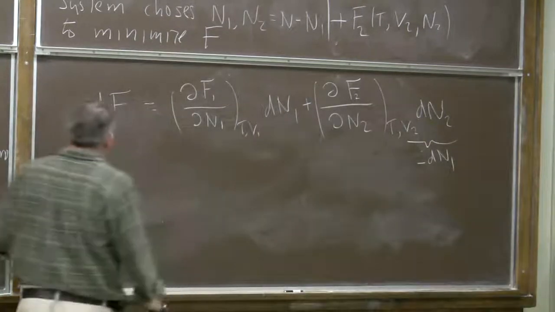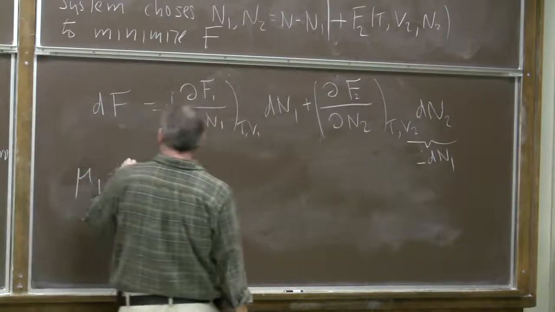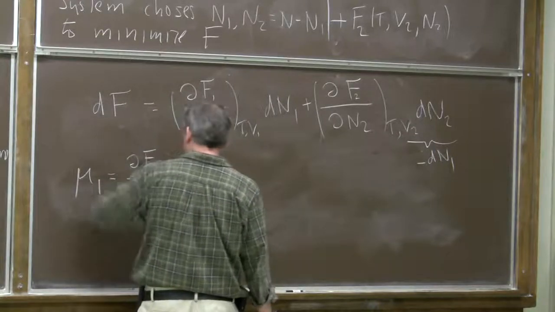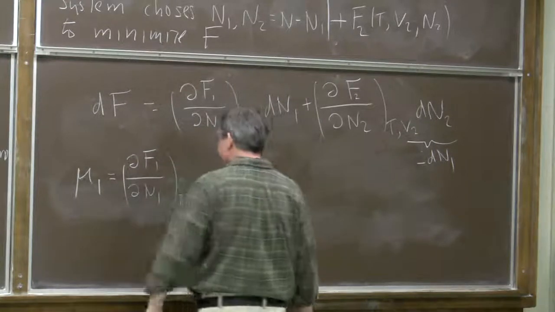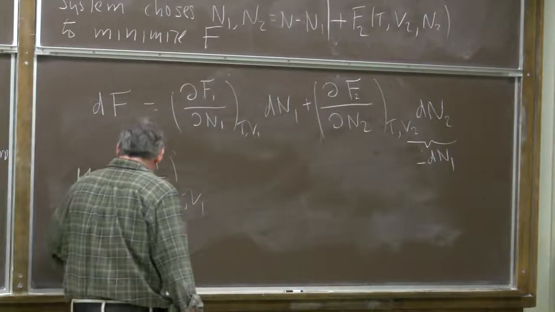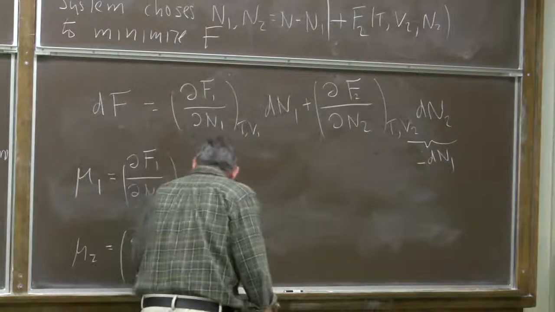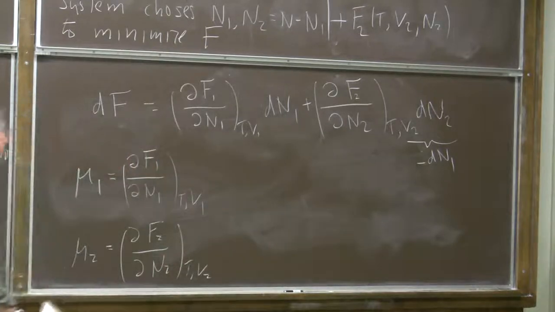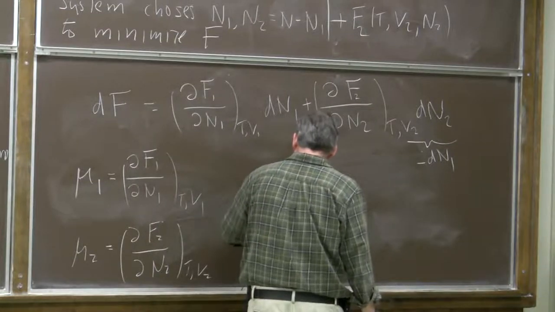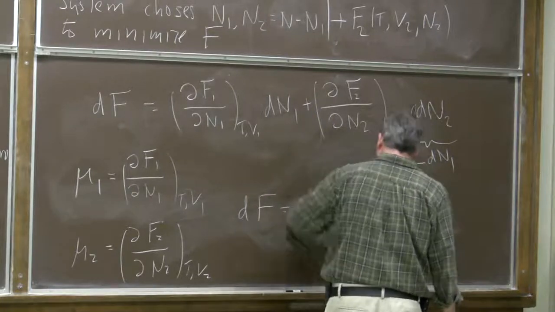So let's define the chemical potential of system 1 as the derivative of Helmholtz free energy with respect to number of particles with temperature and volume fixed, and similarly for system 2. So the first order change in the Helmholtz free energy is mu1 minus mu2 times dN1.